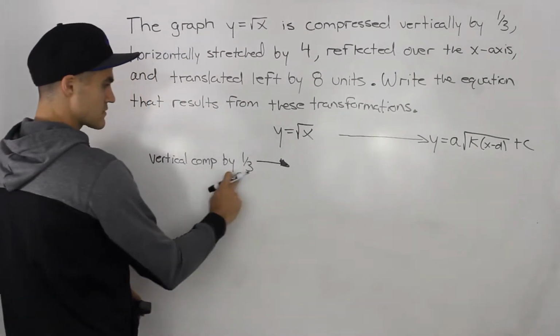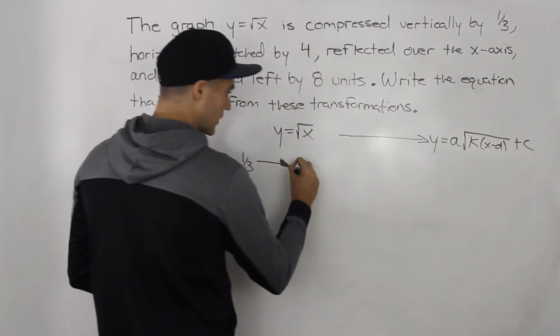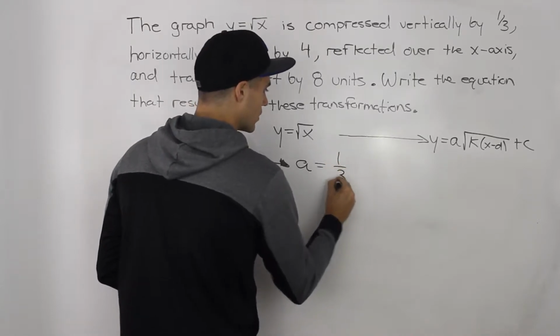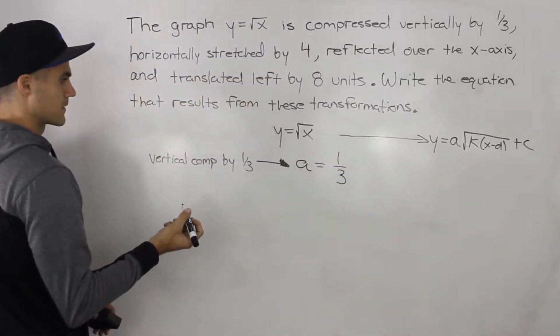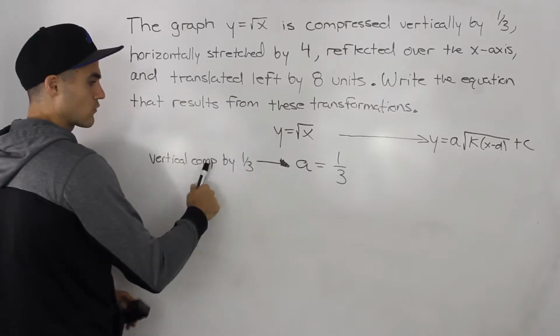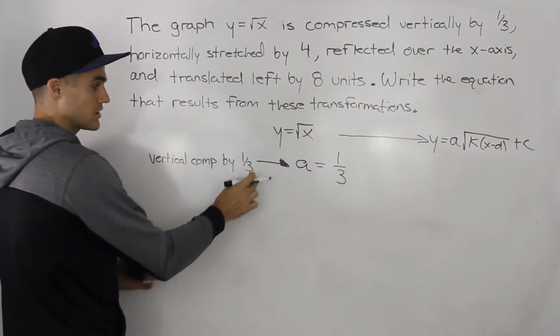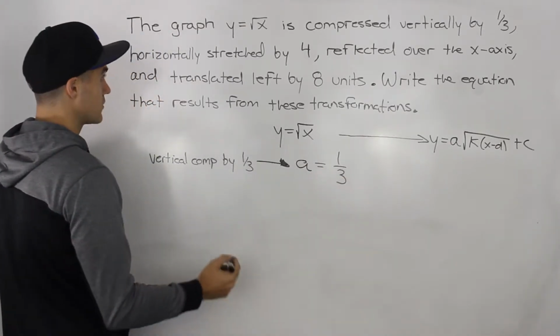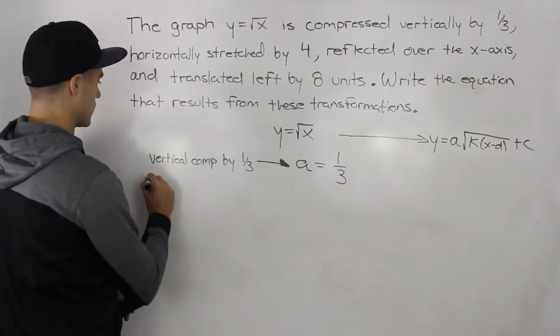So in this case, from this transformation, we know that the a value is going to be 1 over 3. The factor that you are compressing or vertically stretching a function by stays the same for the a value. Let's move on to the next one.